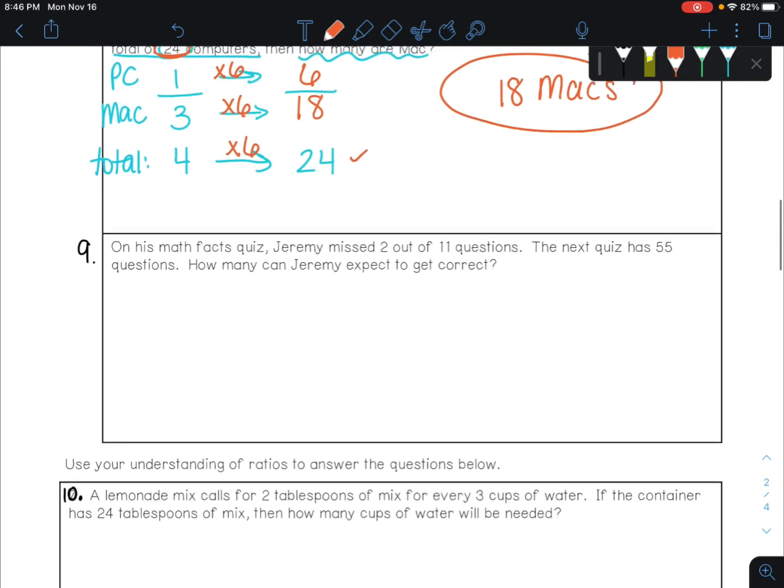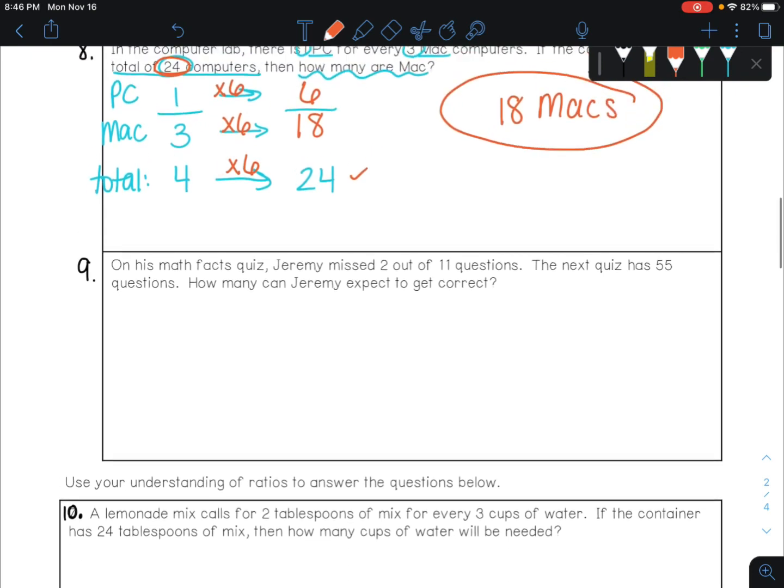Okay, number 9. On his math facts quiz, Jeremy missed 2 out of 11 questions. Out of is another one of those things that tells us we have a ratio. So 2 out of 11, okay? And this top number is how many he missed, and then the 11 is the total number of questions.